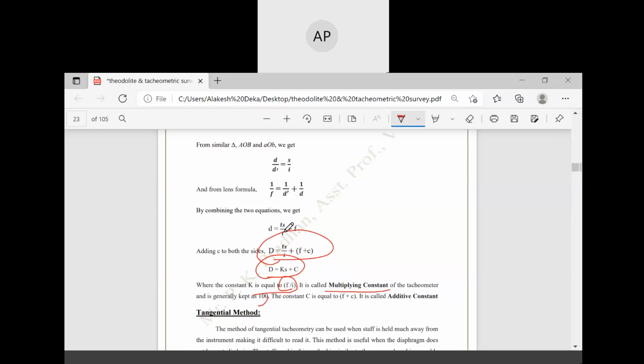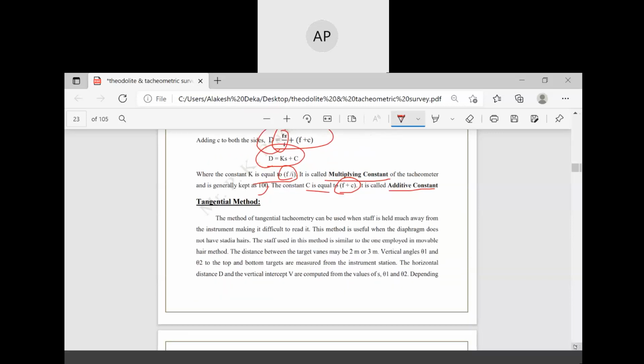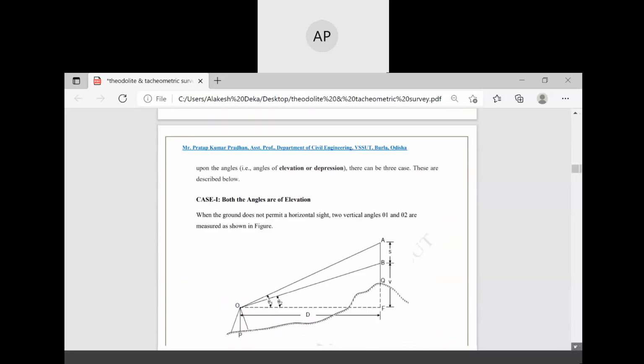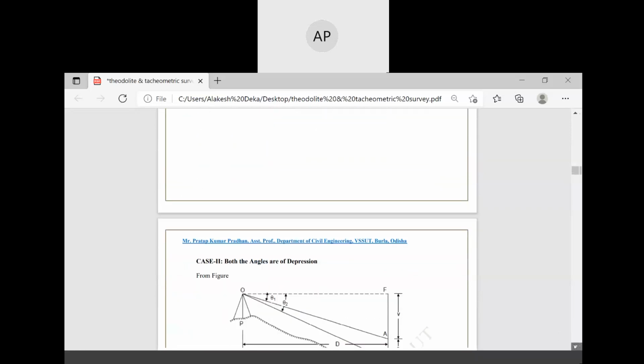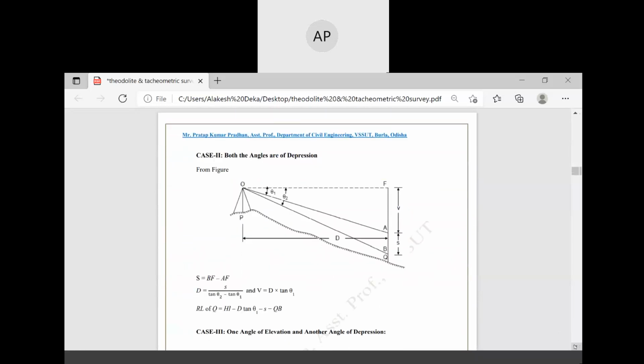The value of f/i is equal to 100, and the constant f plus c is called the additive constant, and that is 0. Tangential method: this you study yourself.